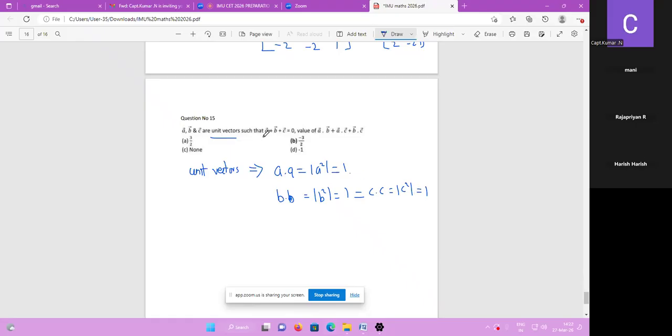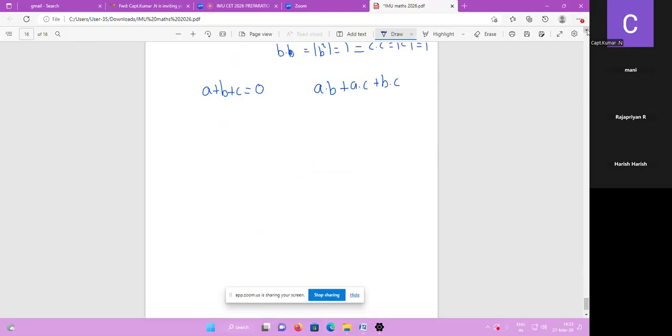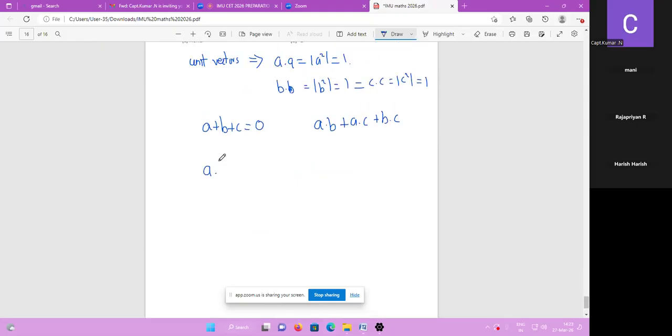Now, given that A plus B plus C equal to 0, I have to find A dot B plus A dot C plus B dot C. So the trickiest way will be to take A plus B plus C dot A plus B plus C, which is nothing but 0.